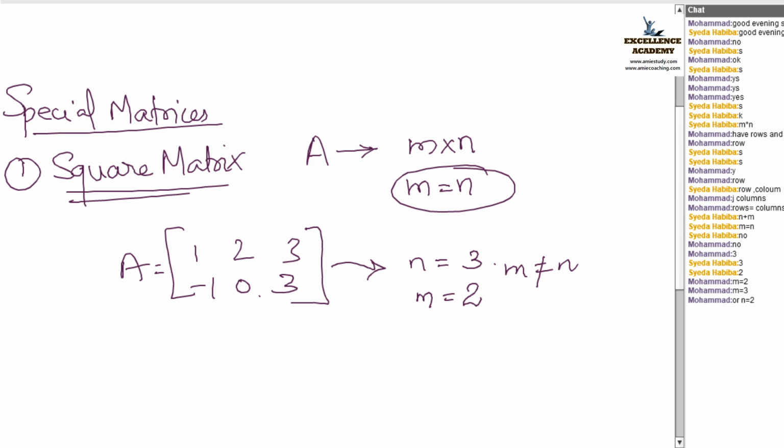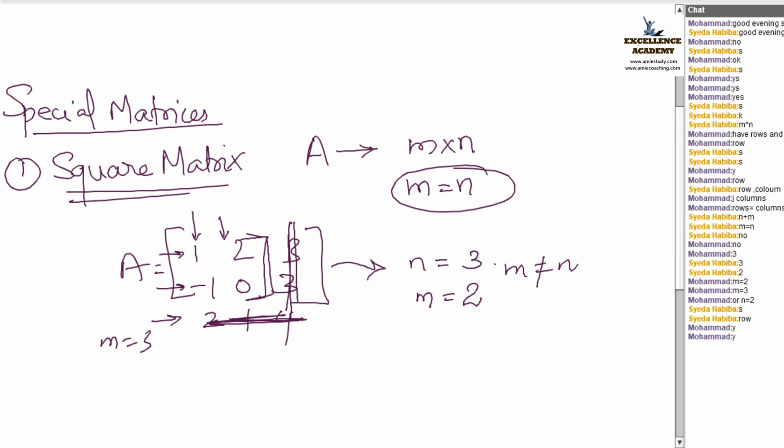When m equals 3, I need to add one more row, so I write 2, 1, 4. Another way of making it a square matrix is to delete this column. Then this new matrix will have 2 rows and 2 columns. That also will do. Clear?